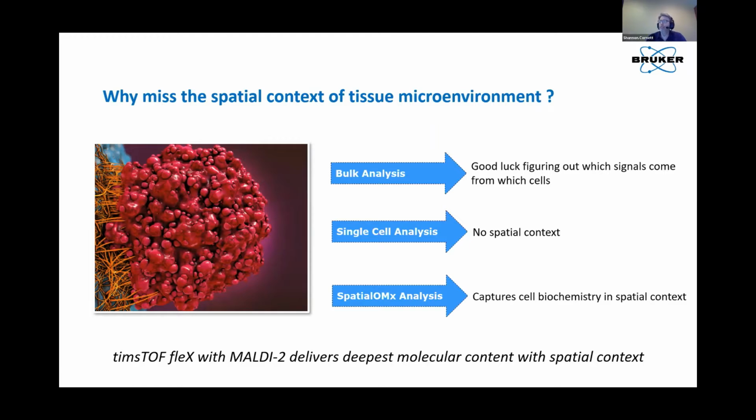Conversely, in a single cell analysis, your data is specific for the cell, but then you take it out of its native environment and you miss a bit of its activity. So by bringing these components together into spatial omics analysis, you can capitalize on both worlds of LCMS and MALDI imaging, and then bring that together with our MALDI 2 to give the deepest molecular information from the MALDI perspective.